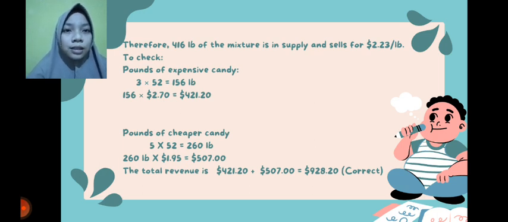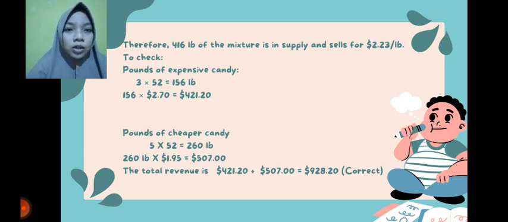156 times $2.70 equals $421.20. Pounds of the cheaper candy 5 times 52 equals 260 pounds. 260 pounds times $1.95 equals $507.